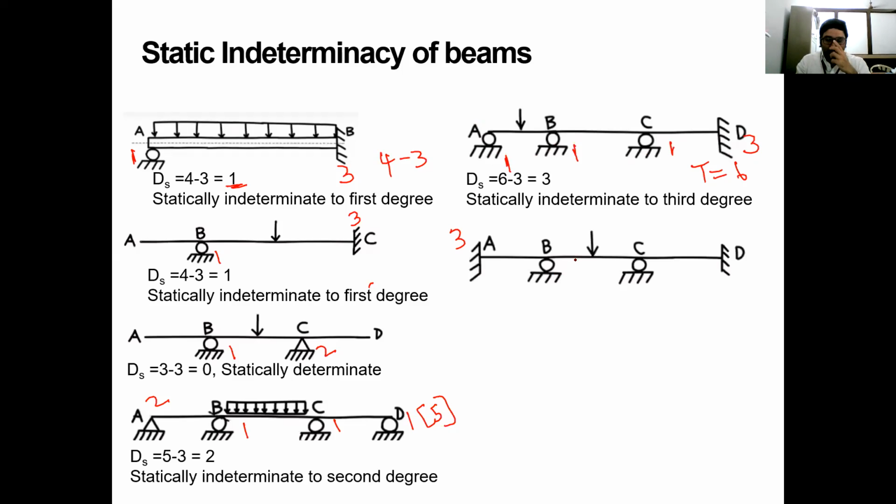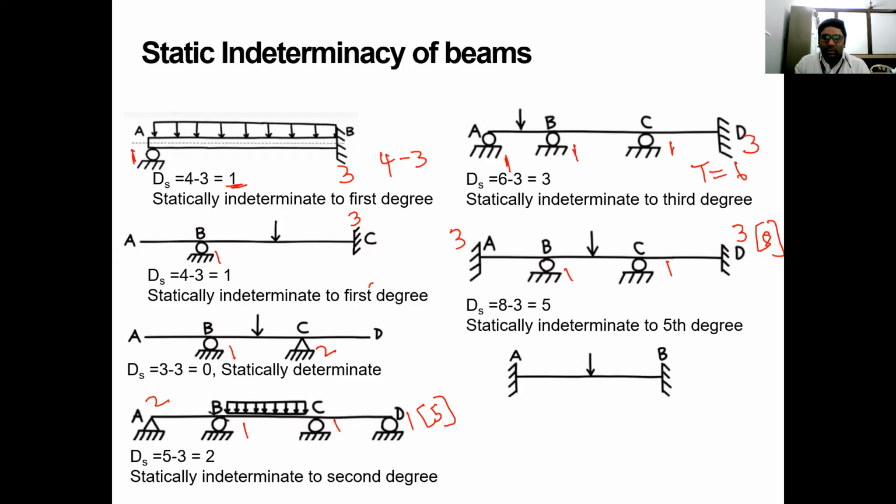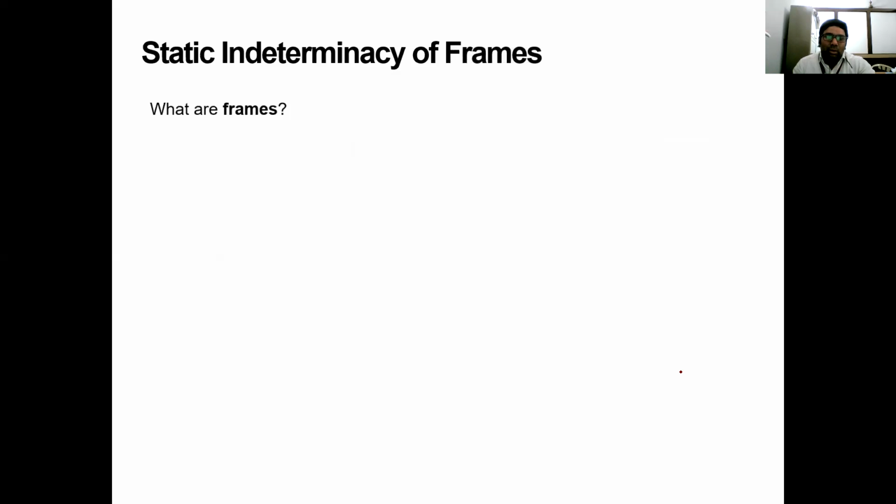So one more example 3, 1, 1, 3. So total how much? 8. 8 minus 3, 5. Fifth degree. So here 3, this is a famous example 3. Total 6, 6 minus 3 is 3. So I think everybody is clear with indeterminate beams.